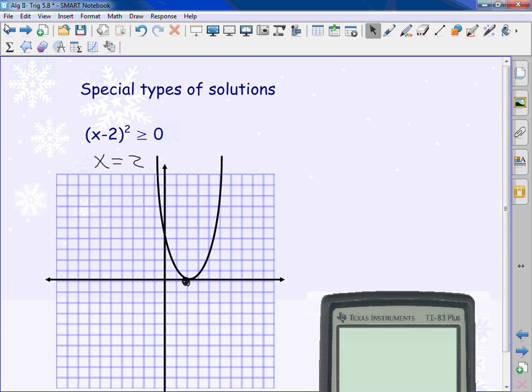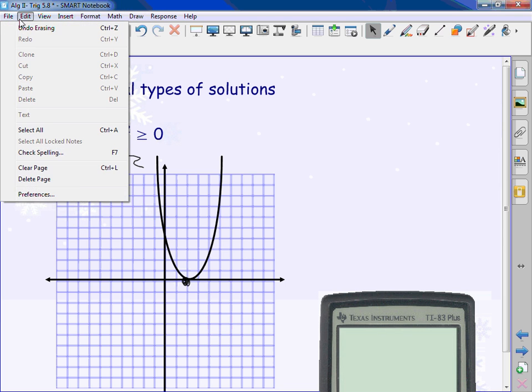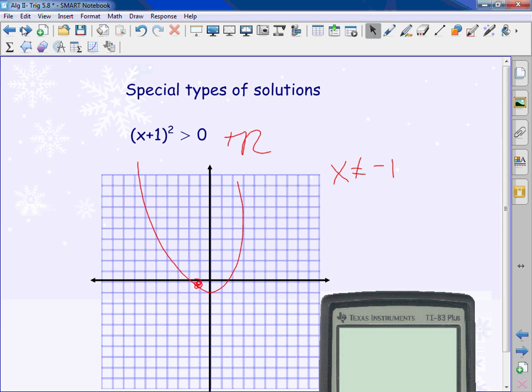If it's greater than or equal to, and it looks something like this, it is all real numbers. If it's just greater than with no equals, it's all real numbers except that point.